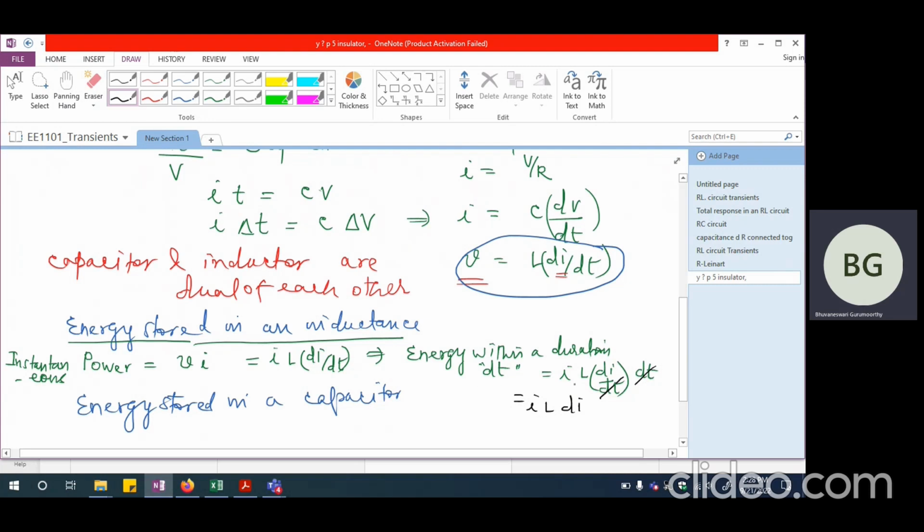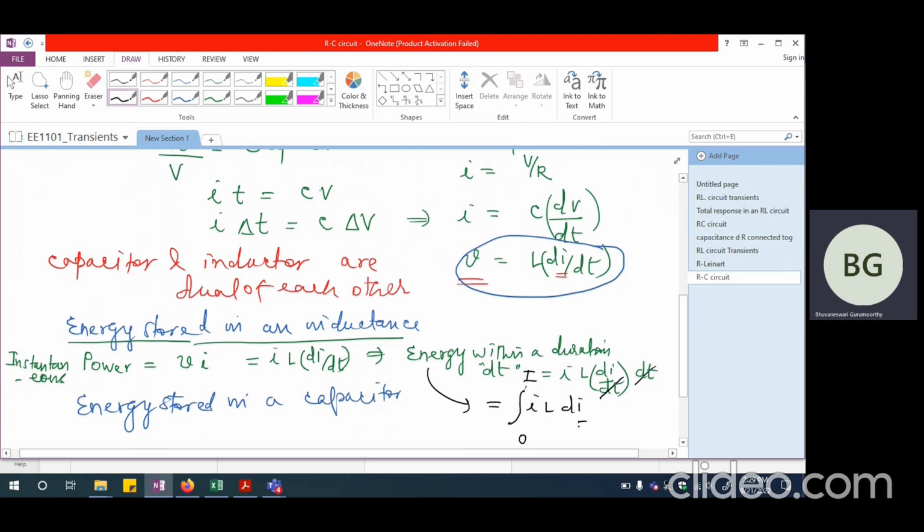Now, for the complete duration of t, within which the current is going to increase from 0 to some capital I, let us say the current is increasing from 0 to some capital I, and I want to know how much energy is stored in this duration.